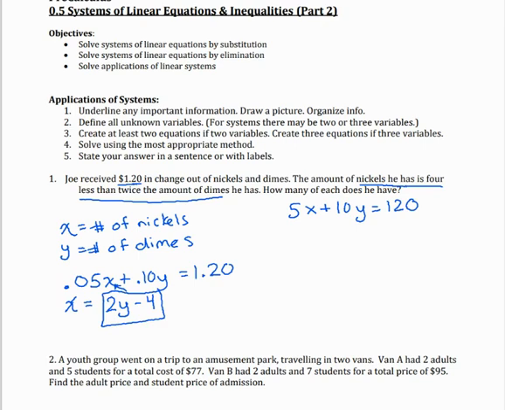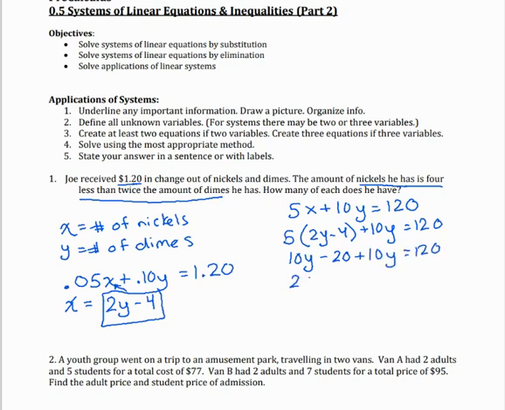Now I'll substitute in. So we'll have 5 times 2y minus 4 plus 10y equals 120. Distribute: 10y minus 20 plus 10y equals 120.